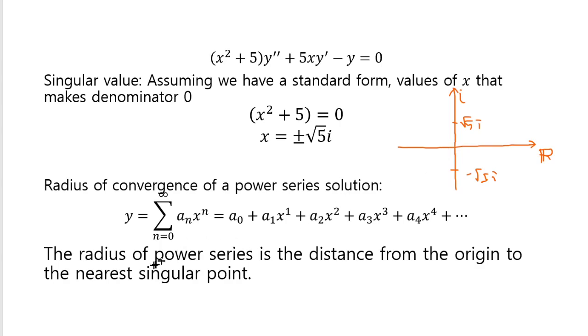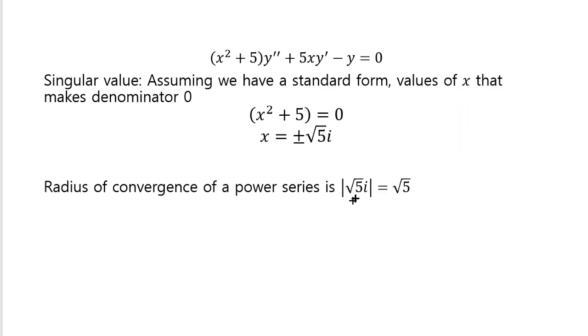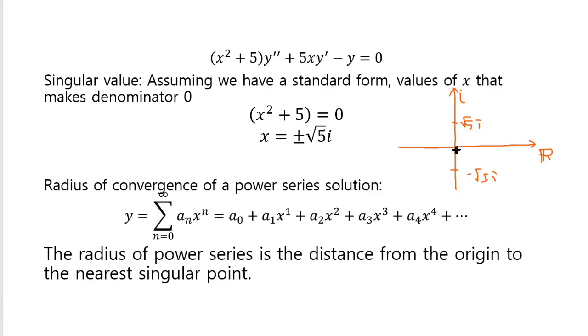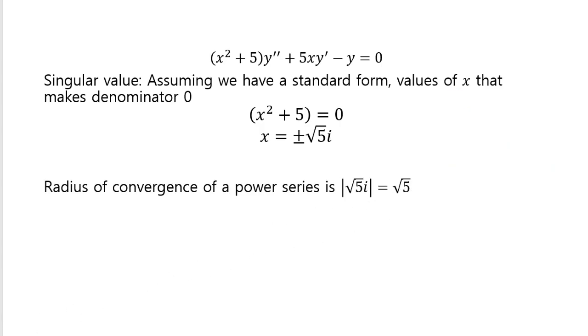That's what we know. By the way, this absolute value is the distance from 0 to this number on the complex plane. Since i has distance 1, this distance would be square root of 5. This picture says it all, right? This distance is square root of 5, and that's the radius of convergence.